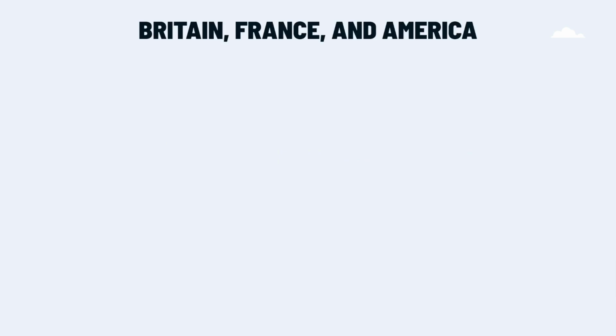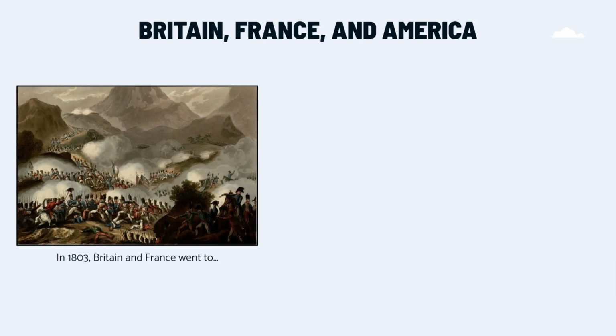First, we're going to look at Britain, France, and America and our relationship. In 1803, this is under Thomas Jefferson's presidency, but we're looking back at some context, Britain and France went to war with one another. Really, it was France invading Britain, but it is a declaration of war.